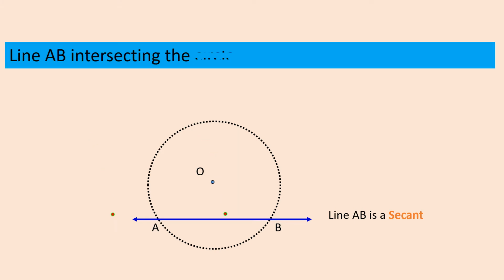Let us see the next part. Again a circle with center O and the chord AB. When we take it line-wise, we call it line AB, which is known as a secant. So let us see what a secant is.